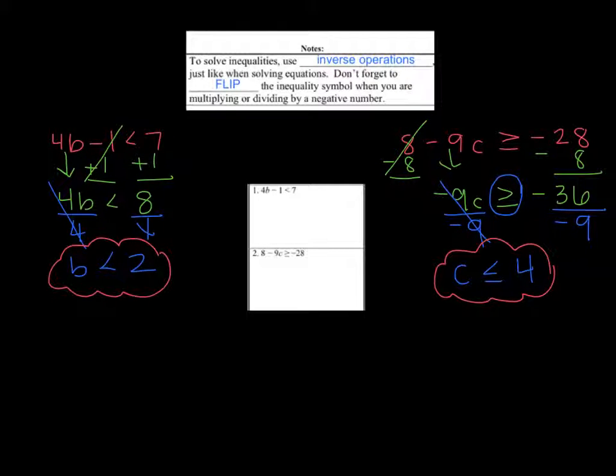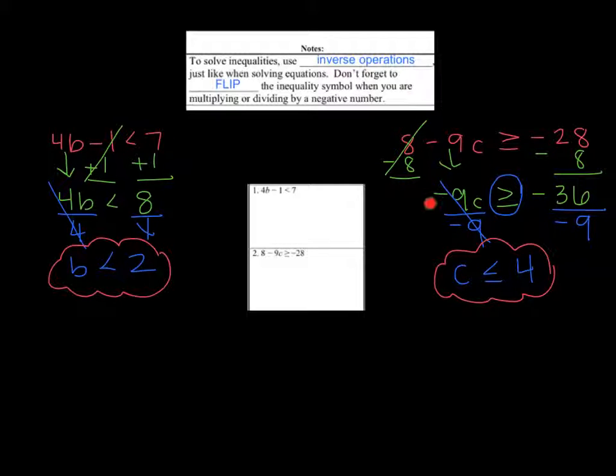Okay, so on this problem, the first thing I did, just like on the last one, is I moved my constant first. So the opposite of positive 8 is minus 8, so I subtracted 8 from both sides. Negative 28 minus 8 is negative 36. When I brought down my negative 9c, notice, don't forget to bring down that sign with it, we have negative 9c is greater than or equal to negative 36.